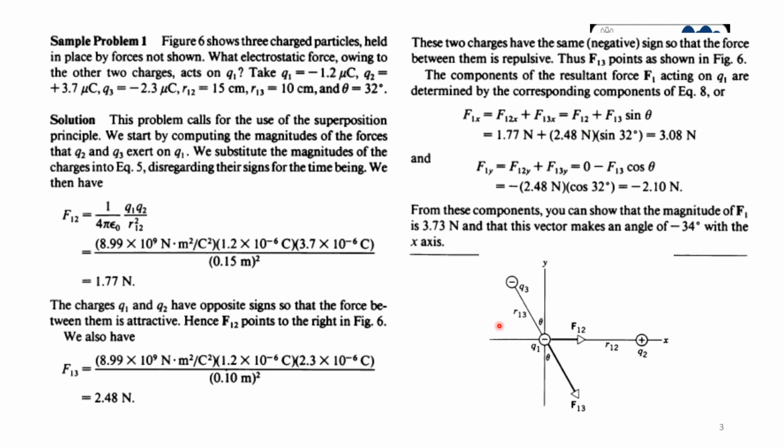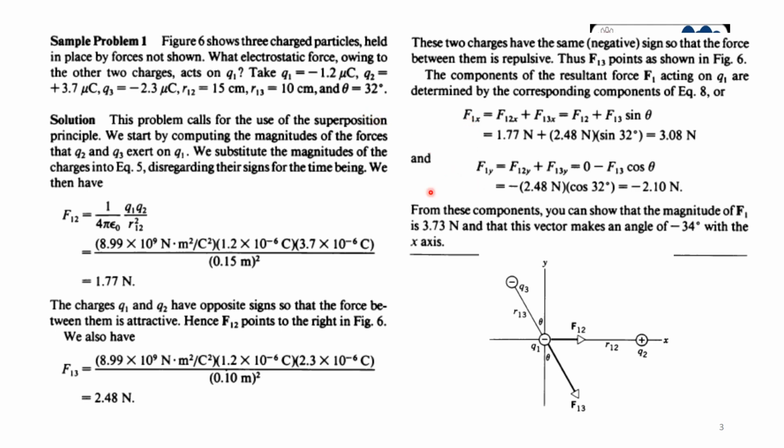Now look here, the theta is created with the x axis. If theta is created with the x axis, we will use F13 sine theta with Fx. We have resolved two components, Fx and Fy.